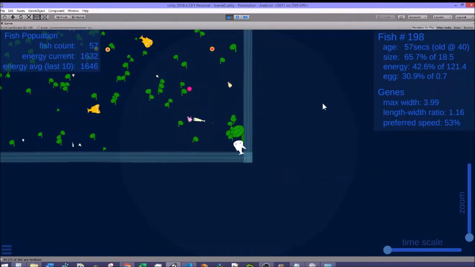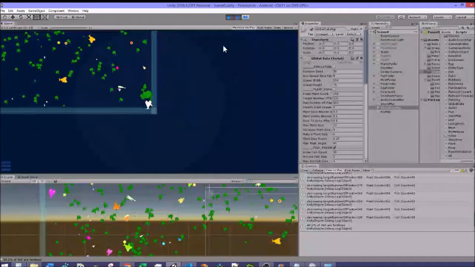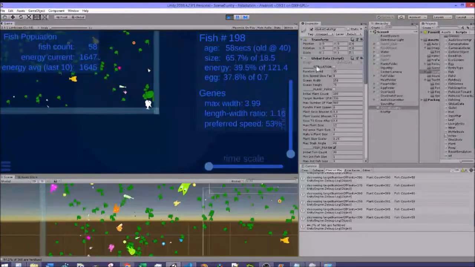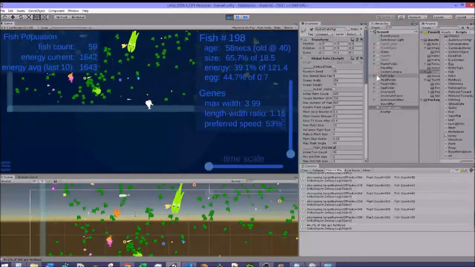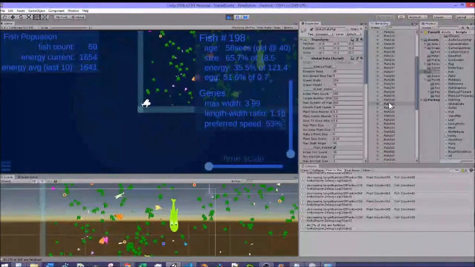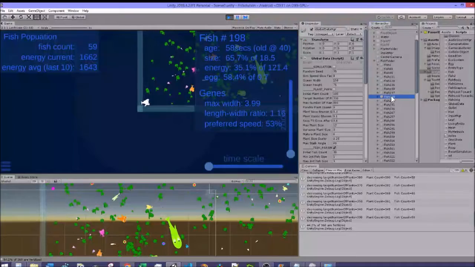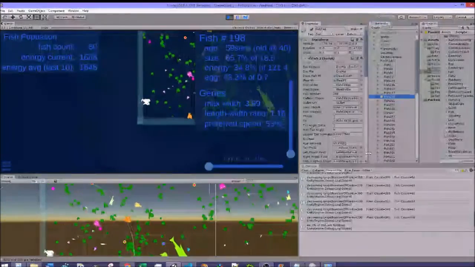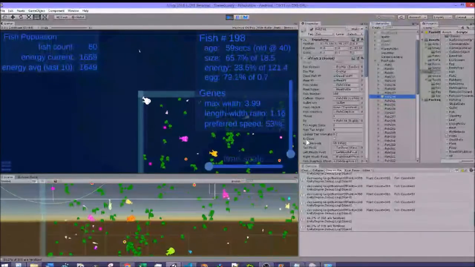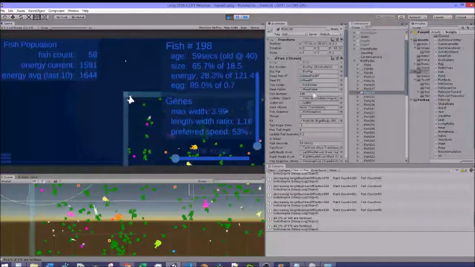I'm not even sure what to check here for that. Let's see. Well, he's fish number 198. So let's find fish number 198 in the fish folder, and we'll look at the fish script for him and see if we see anything weird about that.